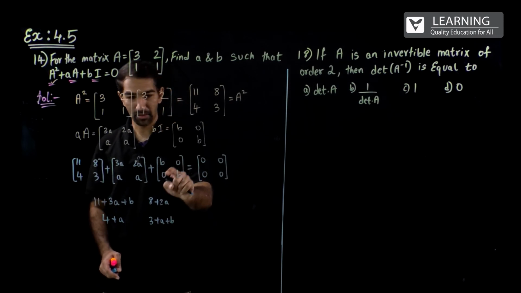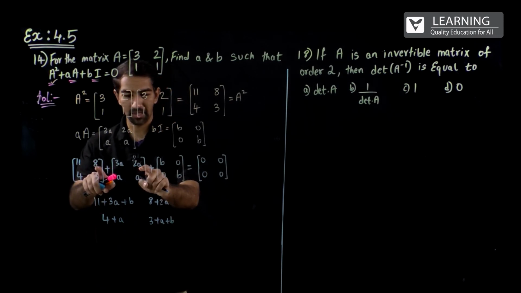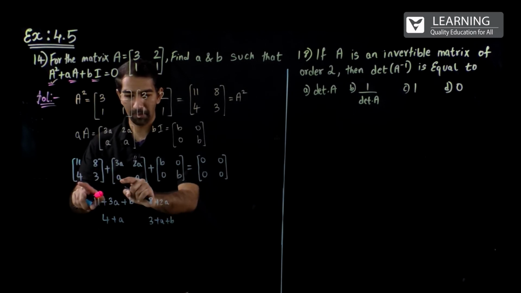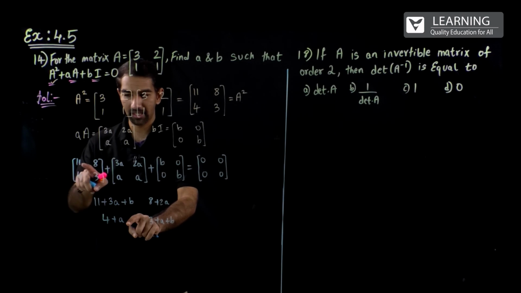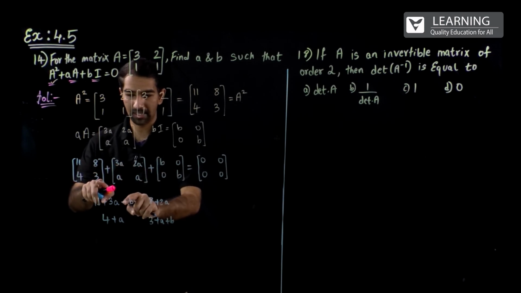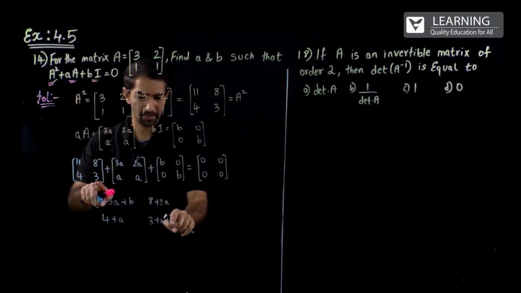So these both are zeros, only these both will get added. 8 plus 2A as it is plus 0, we are not writing that. Here also same thing, 4 plus A plus 0, we are not writing that. See this element 11 plus 3A plus B, and see this element 3 plus A plus B.